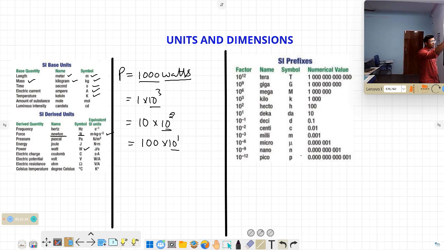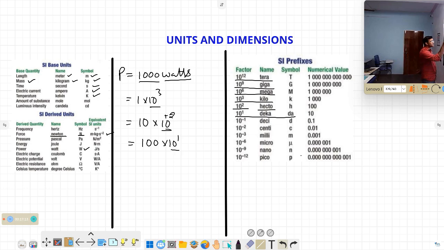If you come across the symbol prefixes, any number indicated with 10 power 1 is called deca, any number with power plus 2 is called hecto, any number with 10 cube is called kilo, 10 power 6 is called mega, 10 power 9 is called giga, and 10 power 12 is called tera.